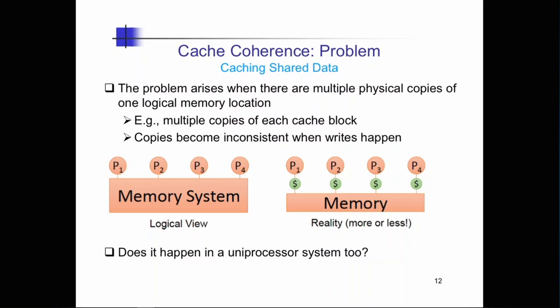So suppose you have a memory system. Over here we look at the logical view, and on the right we have a more realistic view. So for the user, it might seem like we have a very big memory system which is shared between CPU 1, CPU 2, processor 3, processor 4, and the real view is that in fact we have a very small memory, and the reality is that the processor interacts with the cache first.